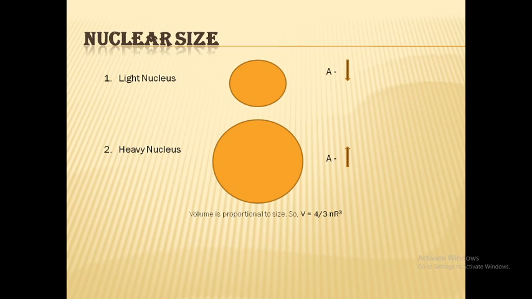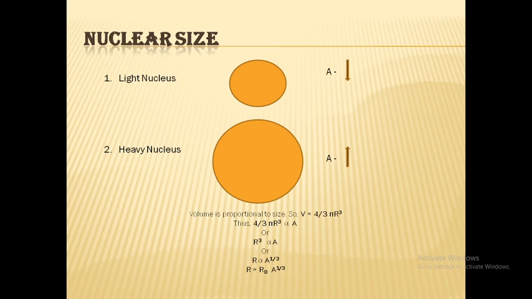So V, that is volume, is given by 4/3 pi r cube, since we assume that the nucleus has a spherical shape. Thus 4/3 pi r cube is directly proportional to A, or we can write r cube is directly proportional to A, where r is the radius of the sphere. r can also be written like this: r is proportional to A to the power 1/3.